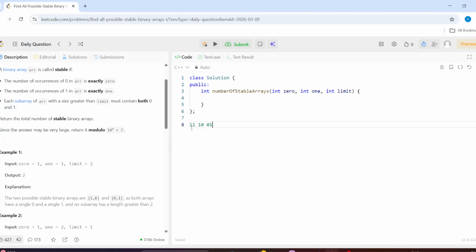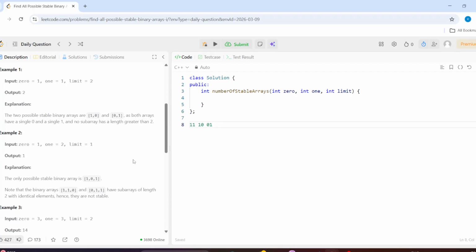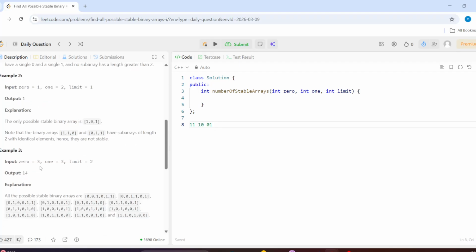So here, if we take the limit as 2, the subarray we can make greater than the limit has size 3. Since there are only two elements in total, and the length of the array we can make is 2, we cannot make a subarray of size 3. Okay, let us see it with a bigger example.